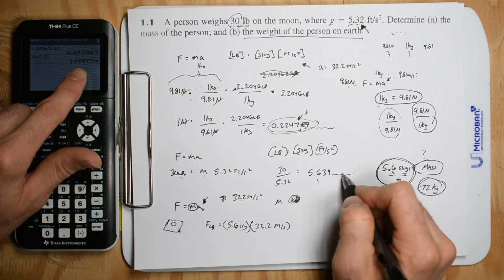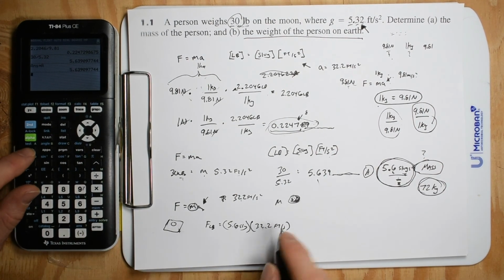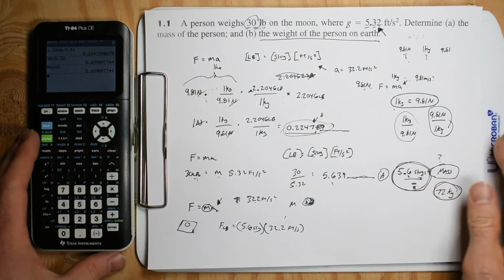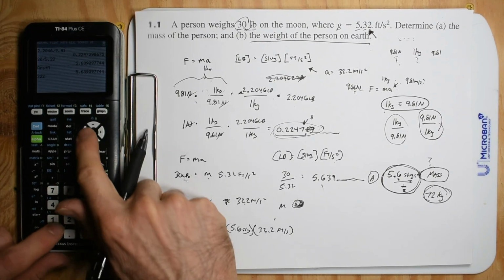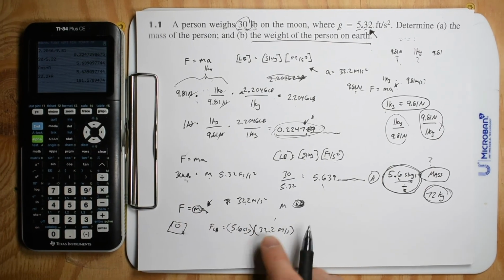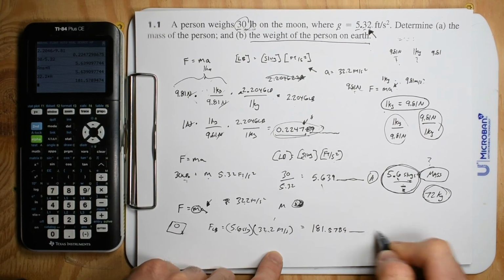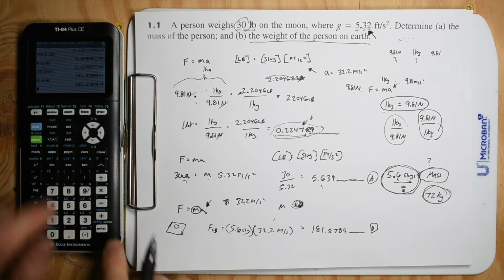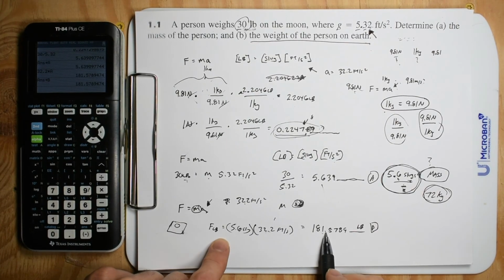We stored this into our calculator as A. So 32.2 times this value, 5.6 slugs, and we get 181.5789, whatever. We'll store that as B into our calculator. And this is pounds. So we get 181.5 pounds.